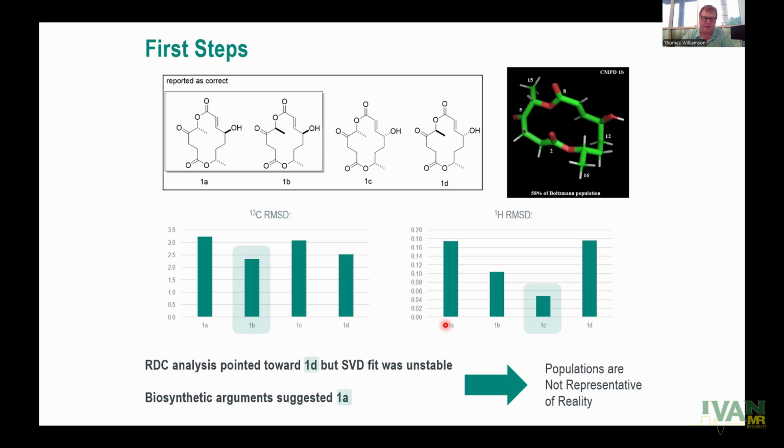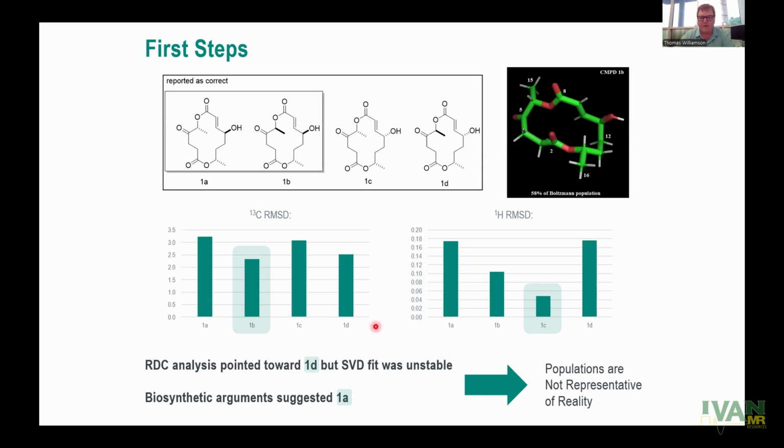With our anisotropic analysis, we also found that our singular value decomposition was unstable. All of these results pointed to the fact that our conformational populations weren't really representative of reality. We have very minimal energy differences between the different conformations, so it was quite difficult to come up with an accurate Boltzmann population for this molecule.